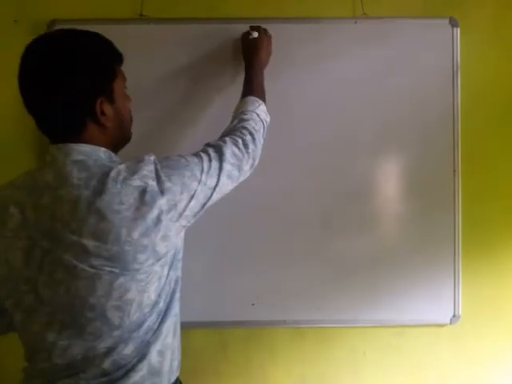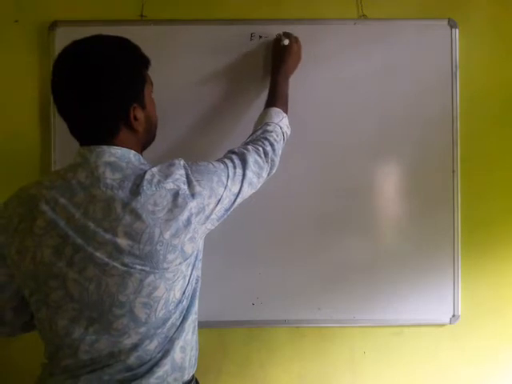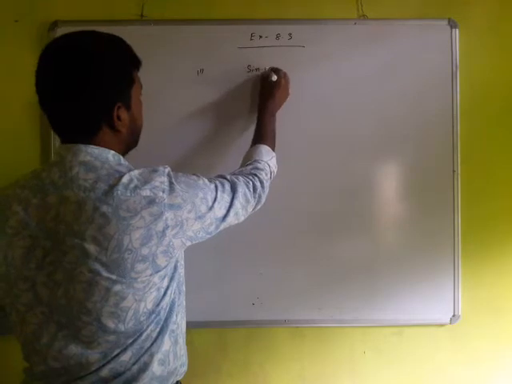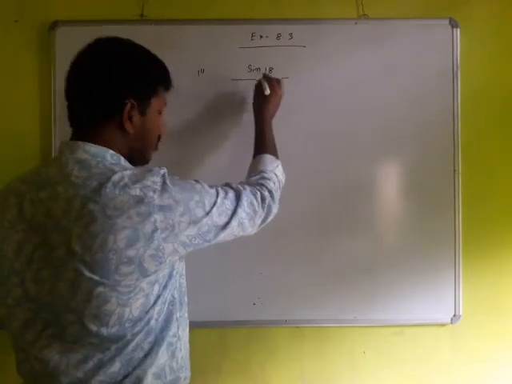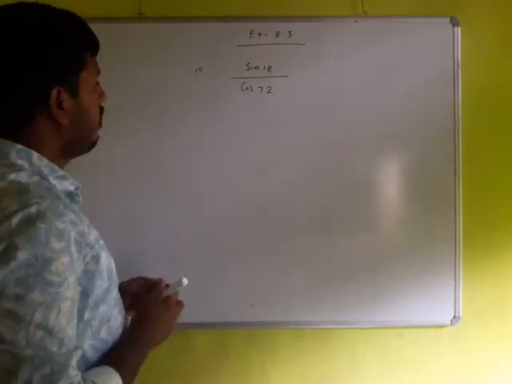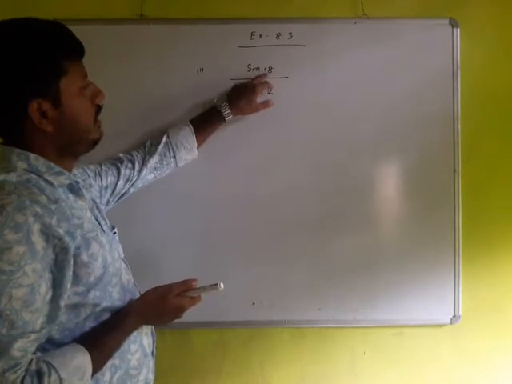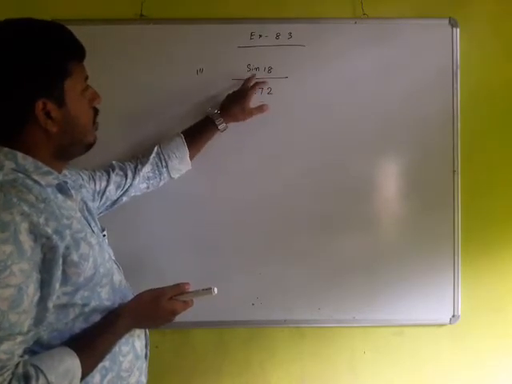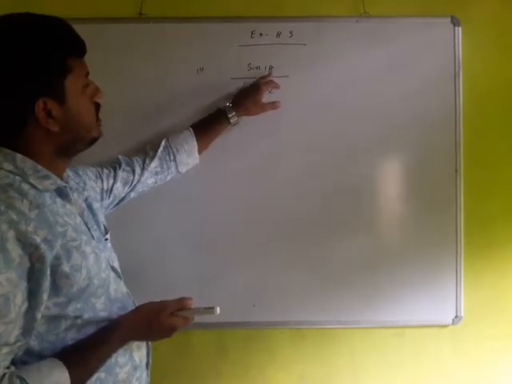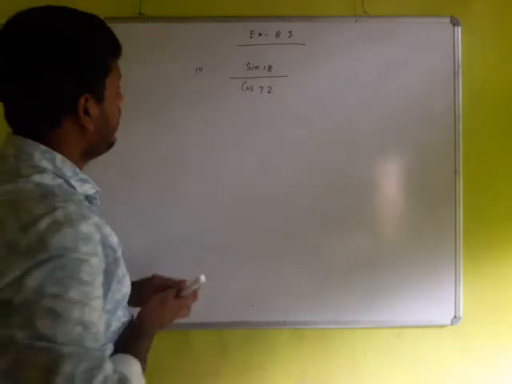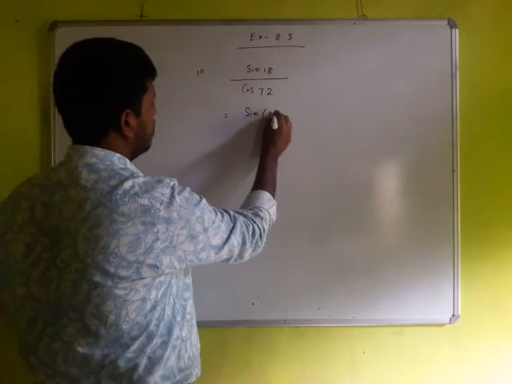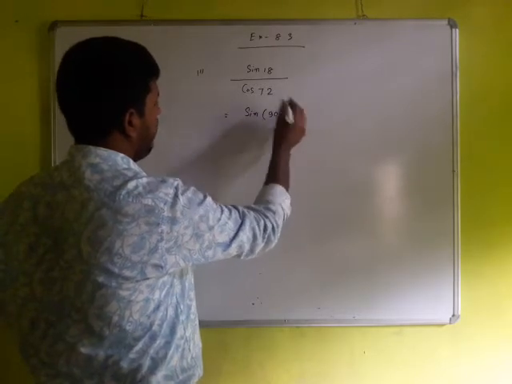So the first question is exercise 8.3, number 1: sin 18 by cos 72. We have to take the complementary angle of either 72 or 18. The complementary angle of 18 is 72, as the sum of 18 and 72 is 90. So sin 18 can be written as sin(90 minus 72), taking the complementary angle of 18.